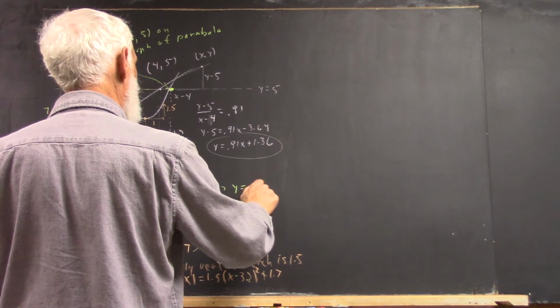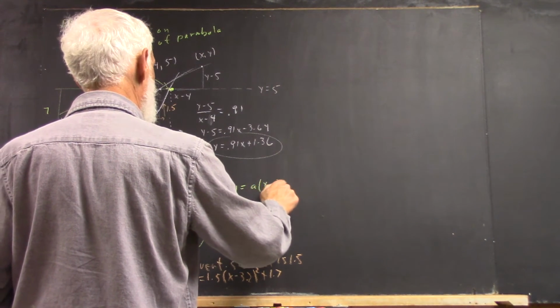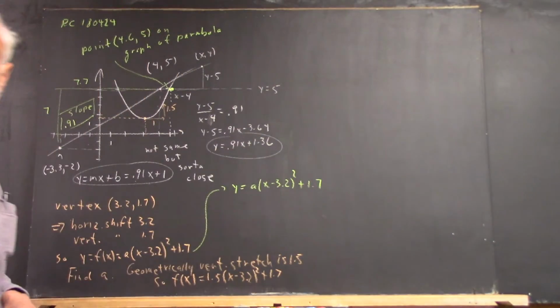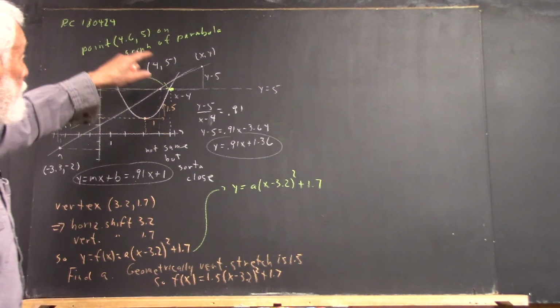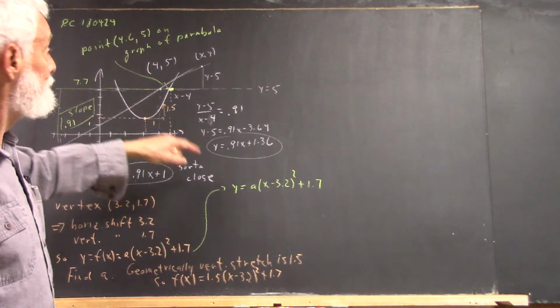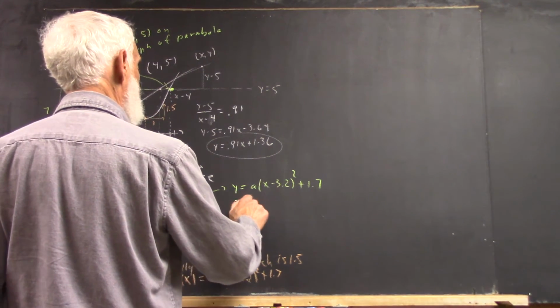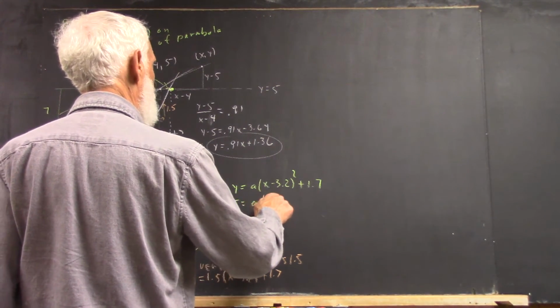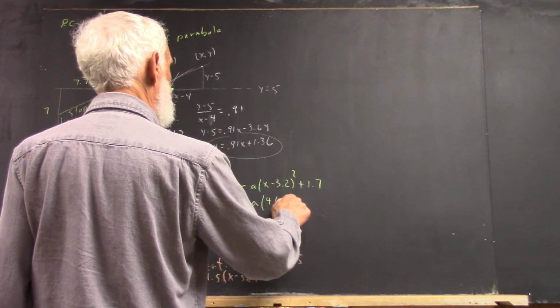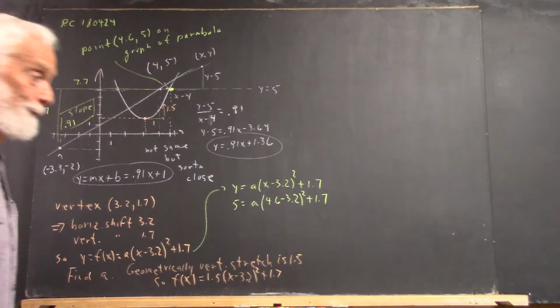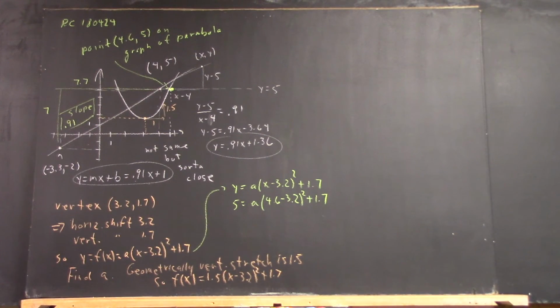From this, we know that y is a times x minus 3.2 squared plus 1.7, right? And now we have the point 4.65, x is 4.6, y is 5, so we have 5 equals a times 4.6 minus 3.2 squared plus 1.7, right?